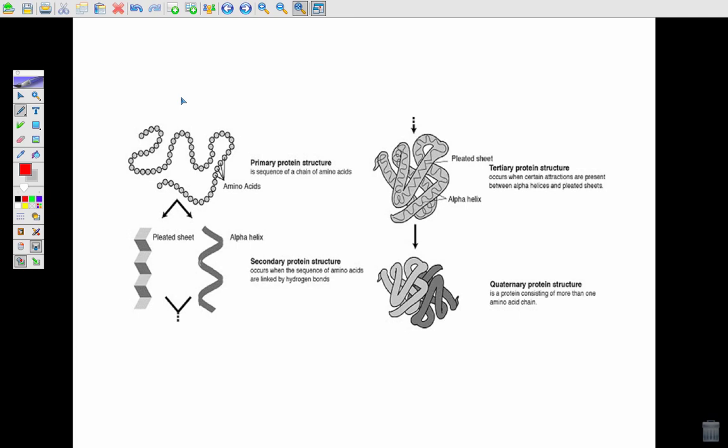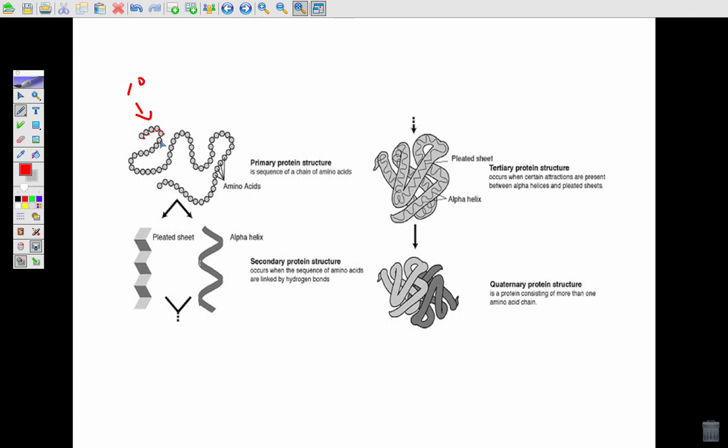These pictures show examples of those 4 protein conformations. The primary structure is here. Each of these circles represents 1 amino acid, so this is amino acid 1, 2, 3, 4, 5, 6, and so on and so forth.